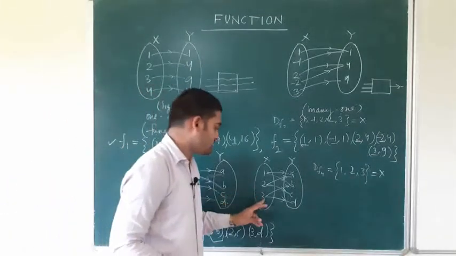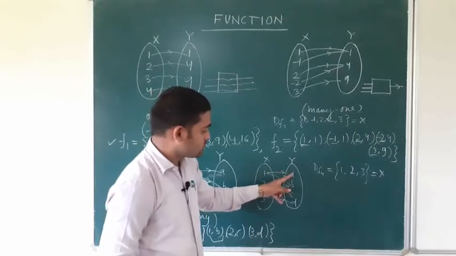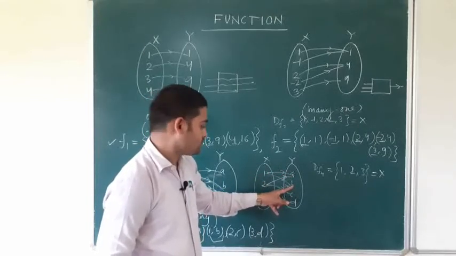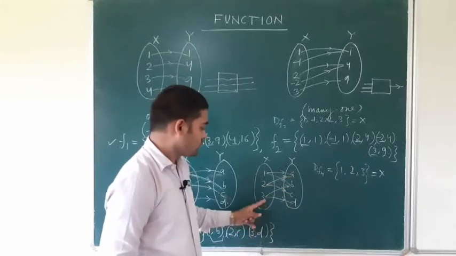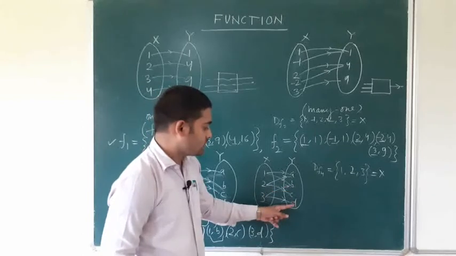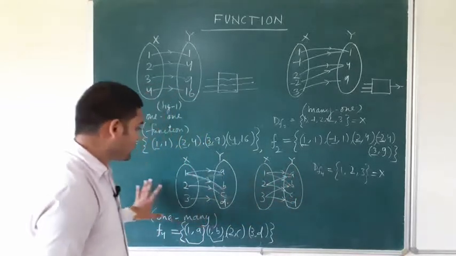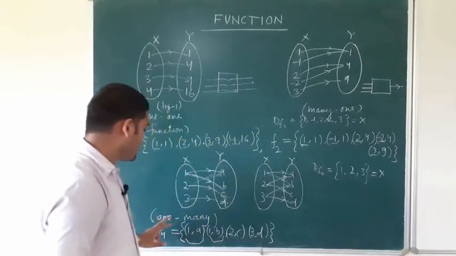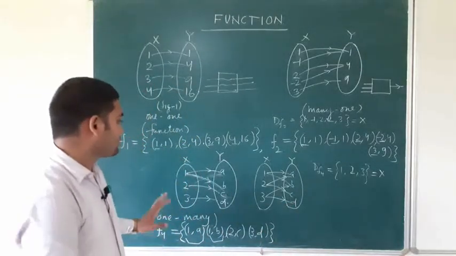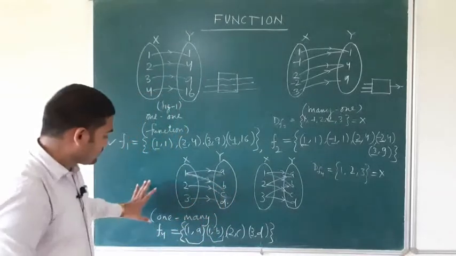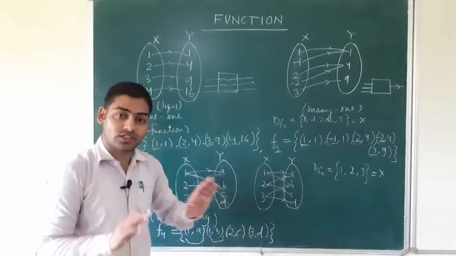Here you see many to many. 1 is related to A and B. 2 is related to A and C. 3 is related to B and D. So, in these two cases, that is one-many or many to many, this type of function does not exist.